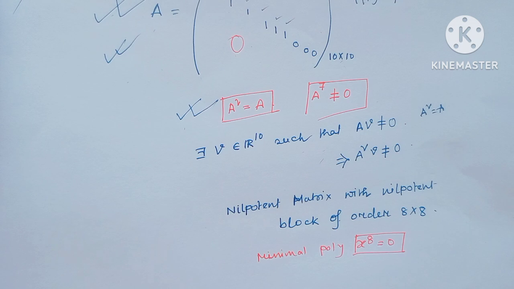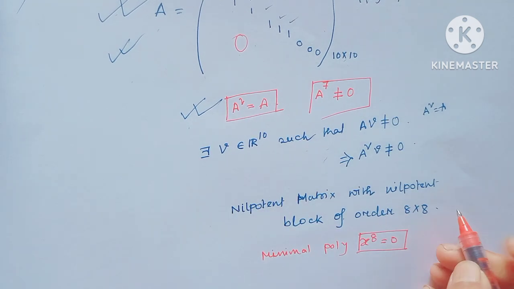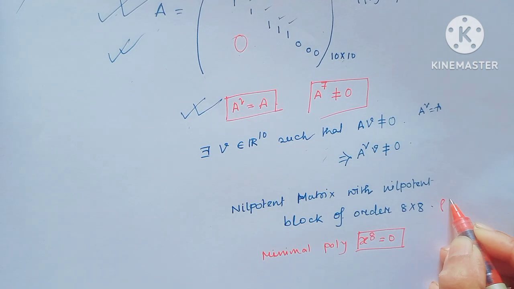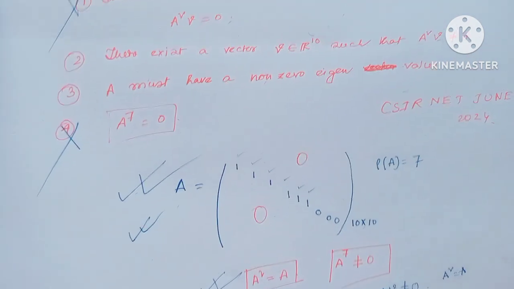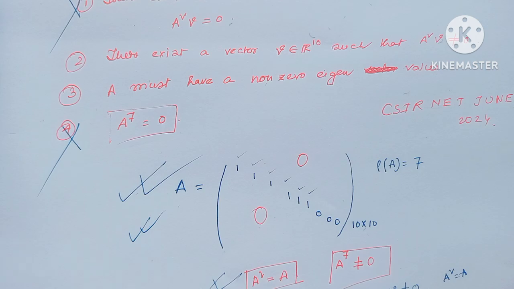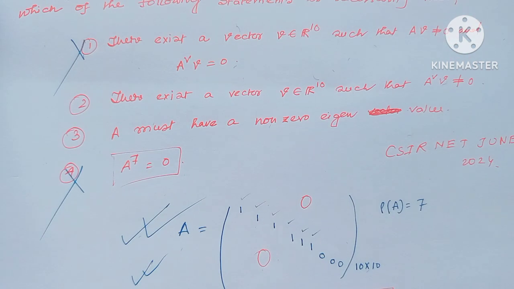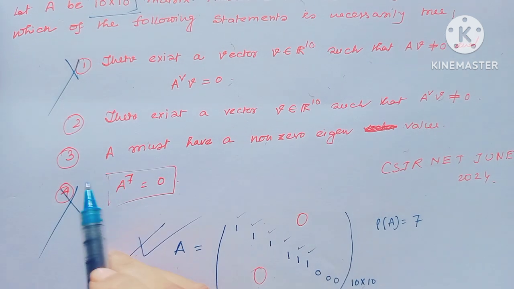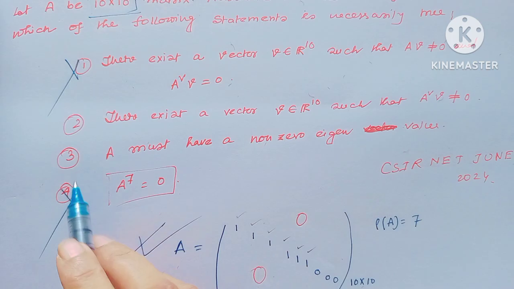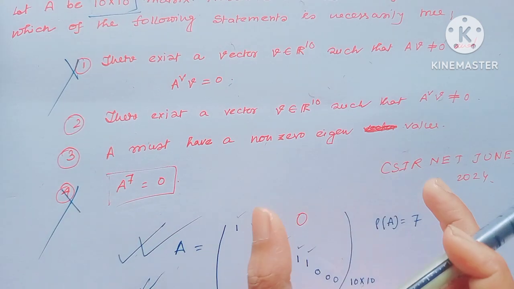Since this is a nilpotent matrix with an 8 cross 8 nilpotent block, if we call the matrix B, the rank of B would be 7. For this type of matrix, the eigenvalue is always 0. So option 3 we can delete by this construction: A must have a non-zero eigenvalue is wrong.